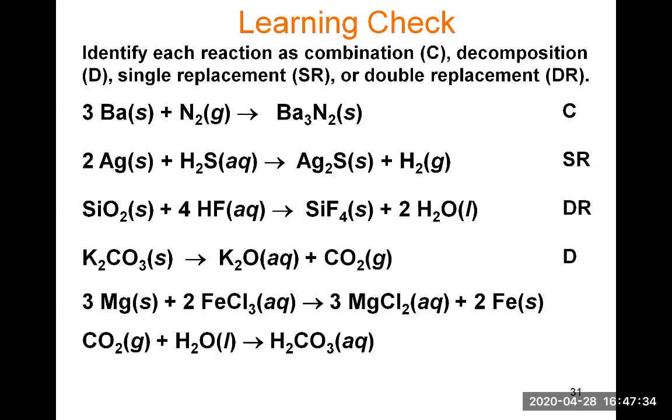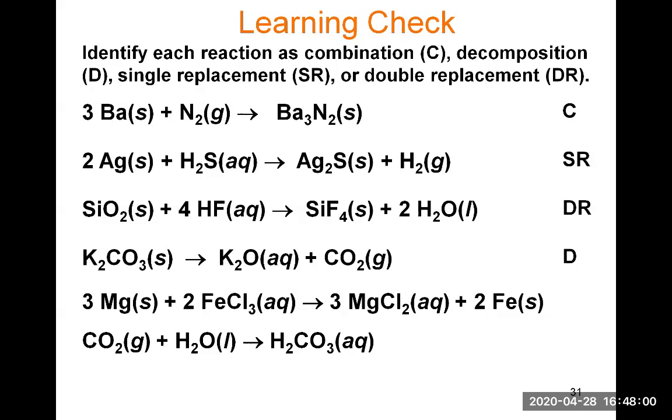Next example, we have 3 magnesium solid plus 2 iron chloride gives 3 MgCl2 plus 2 Fe. So if we look carefully, we can see on the left side that we have magnesium by itself, so that's an element. Then we have a compound of iron and chlorine.